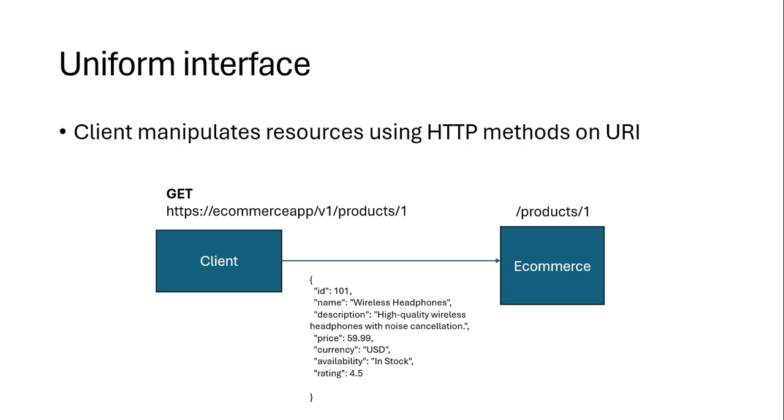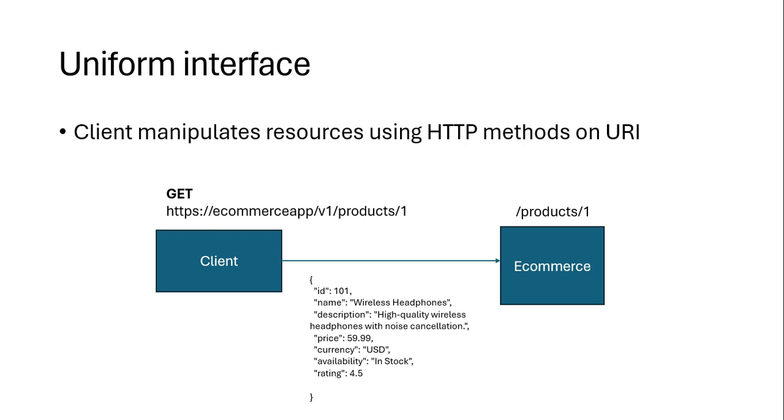Now how do we access that resource? In this example we have a client and an e-commerce application. Using the HTTP protocol, on top of that we can use a GET method, for example. This is the endpoint which has been shared. Once we use a GET method over HTTP, the application will process that request and send back the information. Maybe this information is stored in some database, and it will just send that response back.